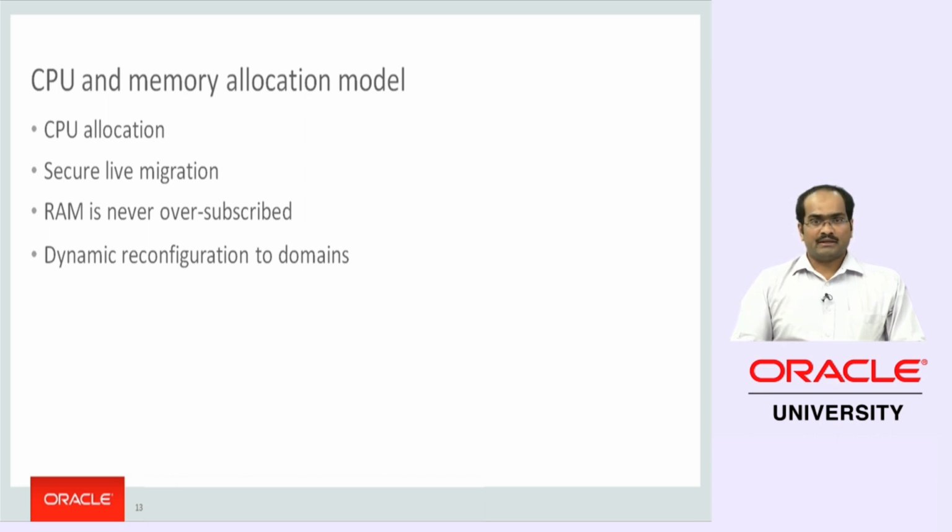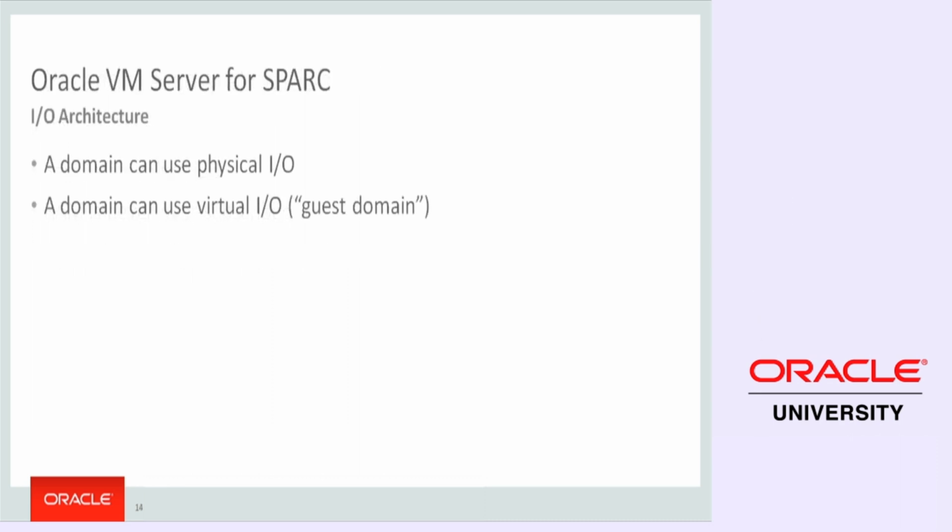The domains can be dynamically reconfigurable or statically reconfigurable as per the user option. And live migration, which is a powerful feature, is allowed with logical domains. Coming to the I/O to the domains, it can be either physical or virtual I/O.